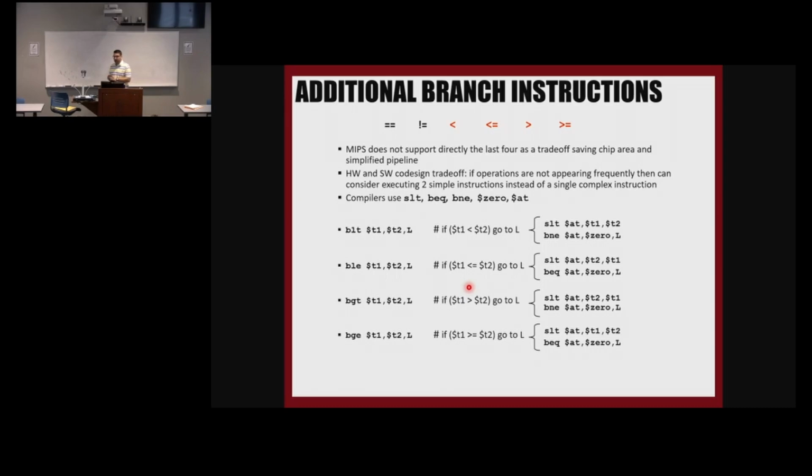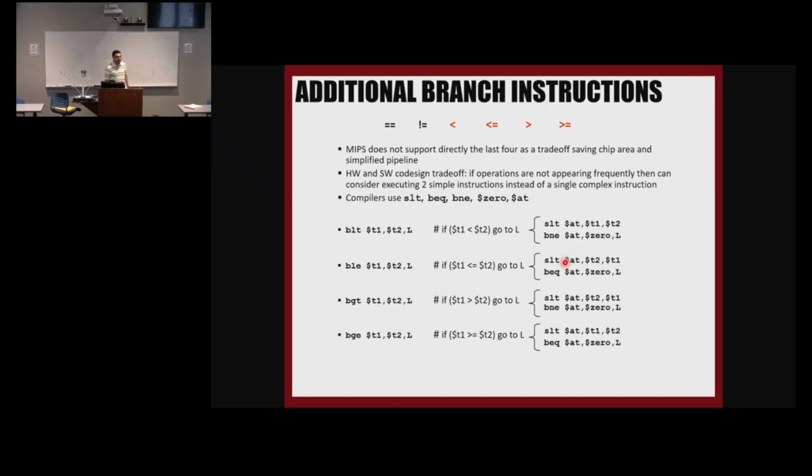We can use the opposite condition. So this is the opposite condition of this, if T2 is less than T1. Right? This is the inverse condition. If T2 is less than T1, it is the inverse of this. So now we see if T2 is less than T1, AT is 1.